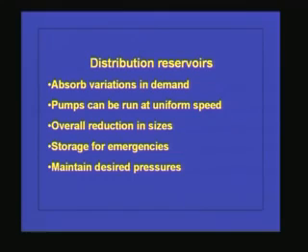So we have to be able to absorb these variations in demand from the distribution system by putting in a distribution reservoir. If we don't have distribution reservoirs, then we may have to have variable speed pumps. That means we cannot operate the pumps at a uniform speed. If you don't have variable speed pumps, it is going to have an effect on the pump life and the pump efficiency.